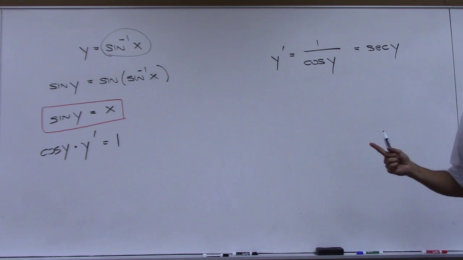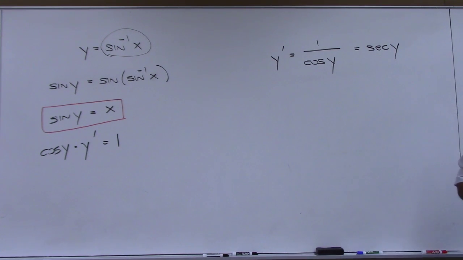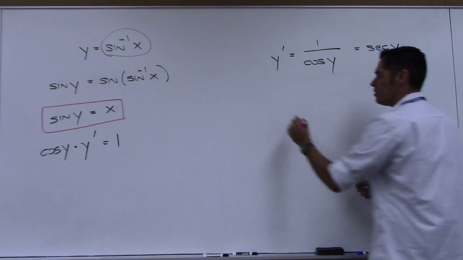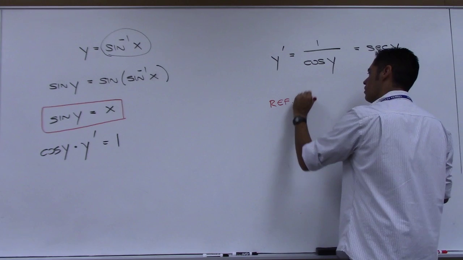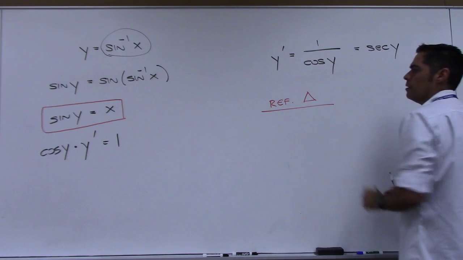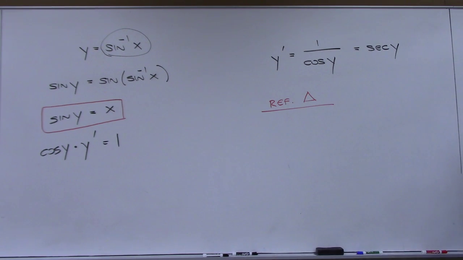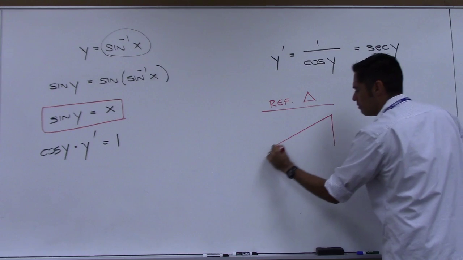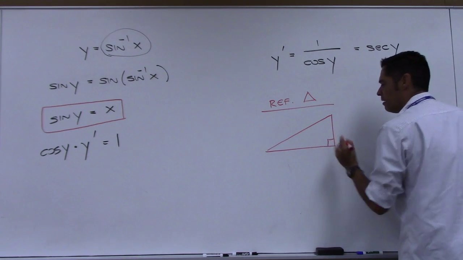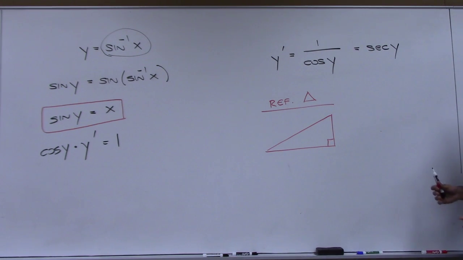What I'm going to do with that equation is create what's called a reference triangle. You might remember this from pre-cal. Now, do we all agree that I can draw a triangle? Just arbitrarily, I can draw a right triangle right here. Nobody has any problems with that?